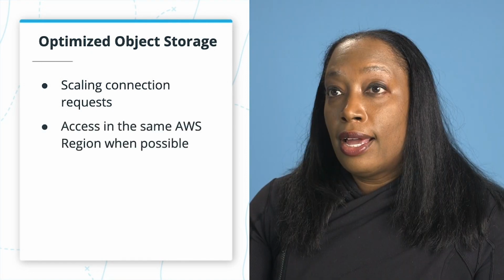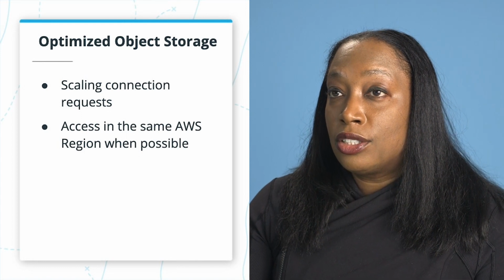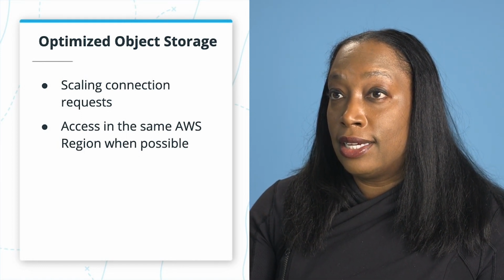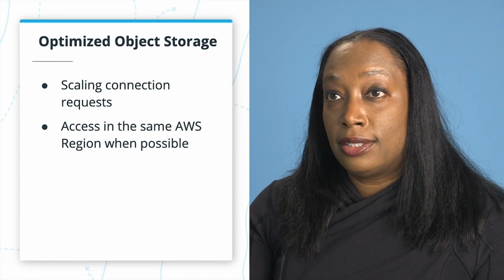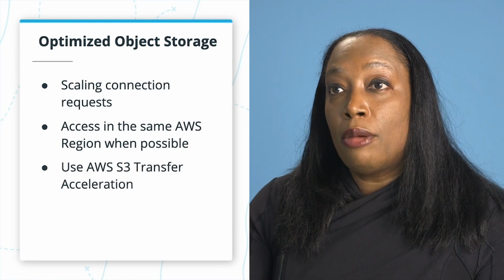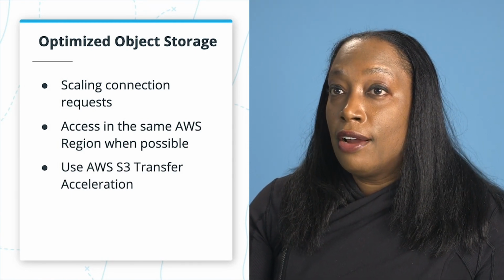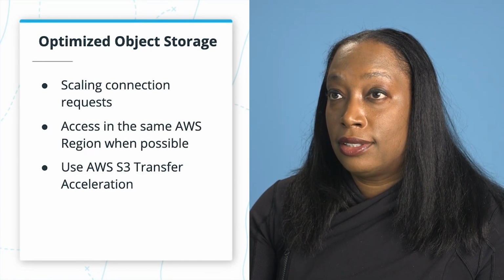S3 buckets are stored in the region you select when you create them, so whenever possible, access the bucket from Amazon EC2 instances in the same region to reduce network latency and data transfer costs. And make use of AWS S3 Transfer Acceleration for fast and secure transfer of S3 files over long distances.